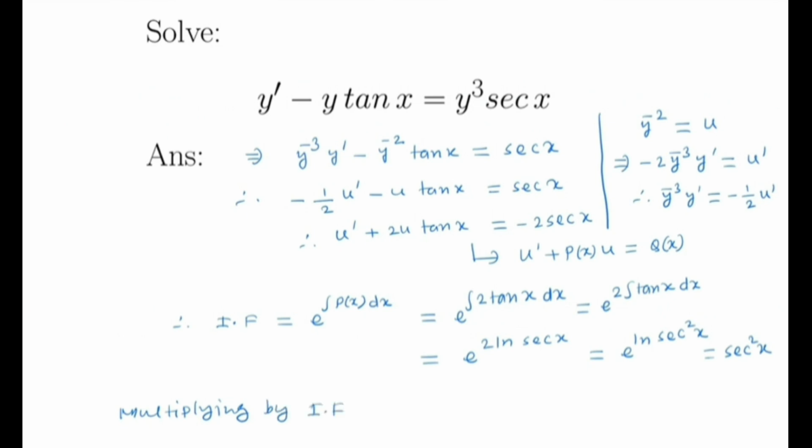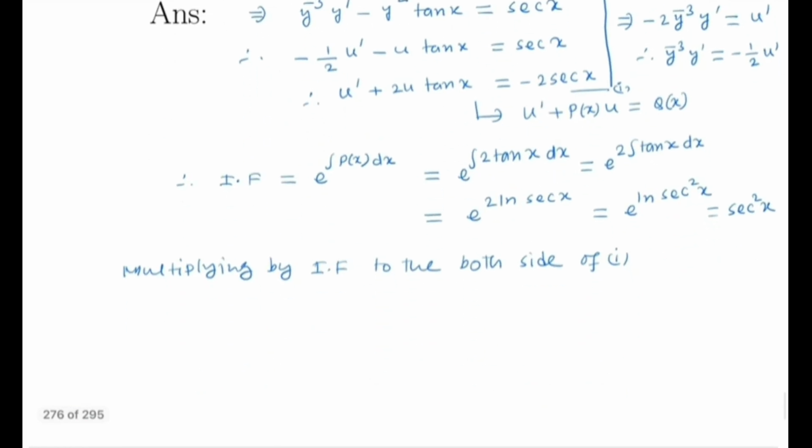By multiplying by the integrating factor to both sides of this equation 1, we get d/dx of u sec square x is equal to minus 2 sec cube x.